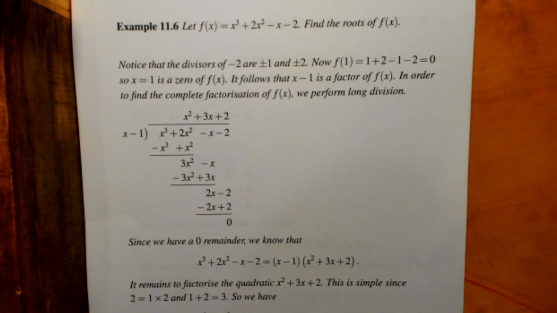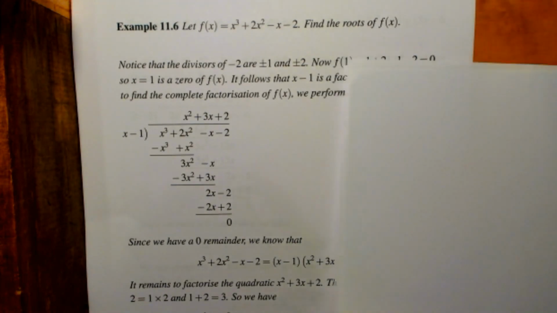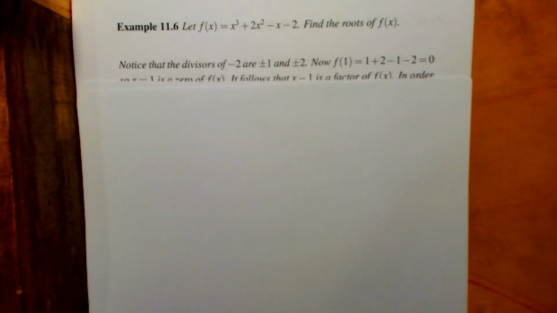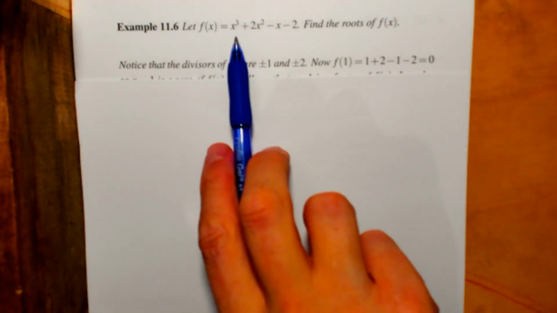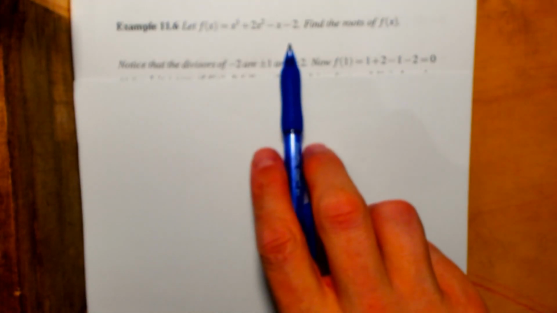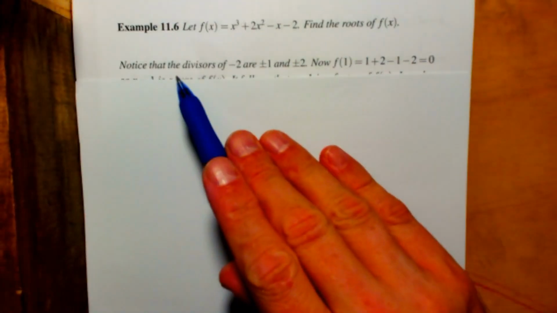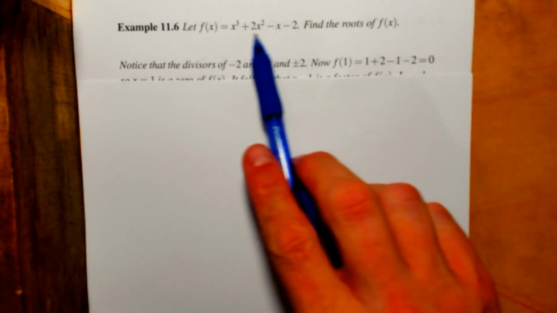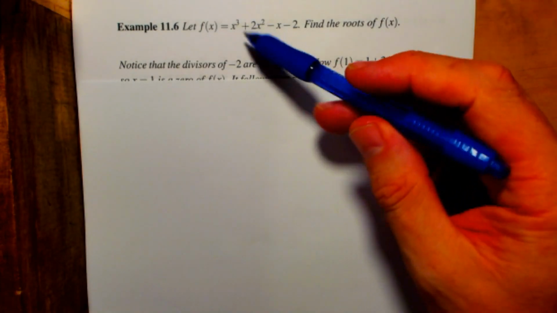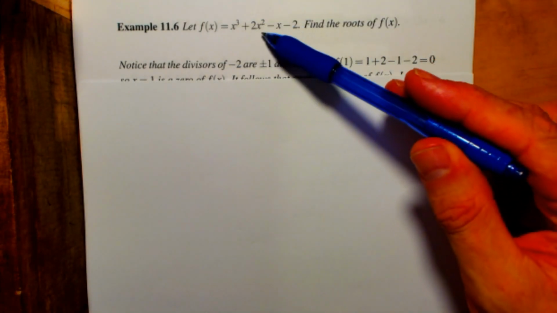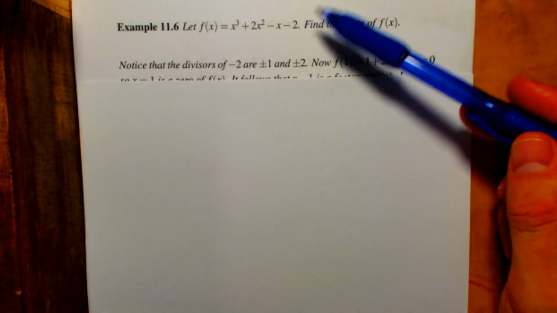Okay, so let's have a look at this example here. All right, and I'll sort of redo this by hand here. So just looking at this, the question is, can we find a root of this just by guessing, right? Some small numbers. Okay, so this says f of 1, subbing in that, we have 1 cubed plus 2 times 1 squared minus 1 minus 2.